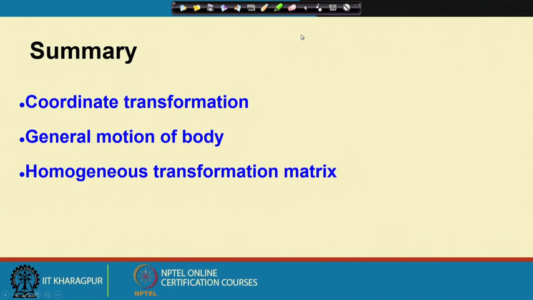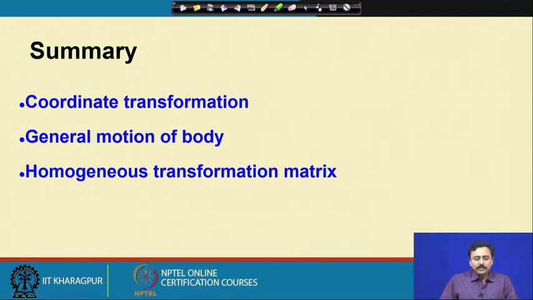So, let me summarize. We have looked at the coordinate transformation for a general motion of a body in a plane. We have discussed the rotation matrix and the homogeneous transformation matrix, which is nothing but a multiplicative factor which you multiply with the extended position vector in the local frame to get the position vector of the body in the global frame or the earth fixed frame.